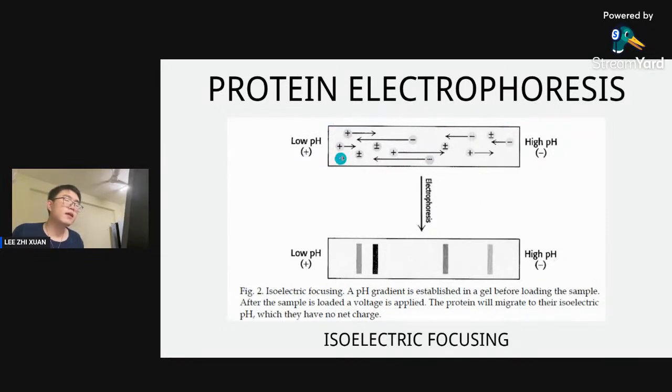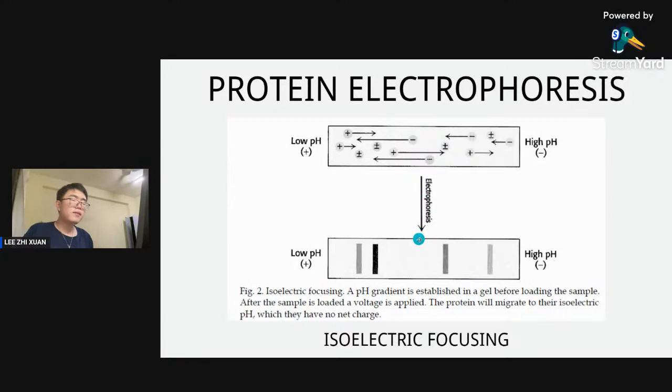For the left hand side, the pH value is very low. For the right hand side, the pH value is very high, meaning the concentration of hydrogen ion here is high, and here is low. So when the protein is loaded into the middle part and they run the electrophoresis, they will find the band like this.